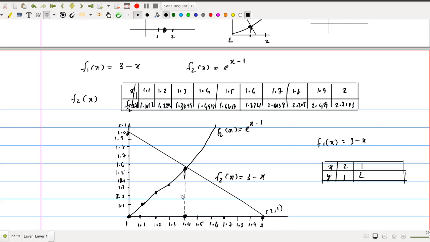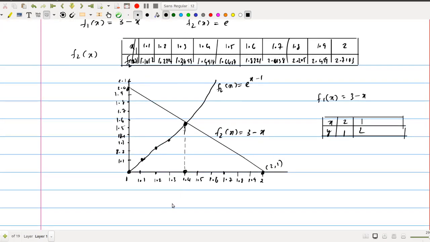Then you can approximately write x equal to 1.4 as the value of the root, or 1.444 using the exact value here. You can get the value of x as the root of this equation.